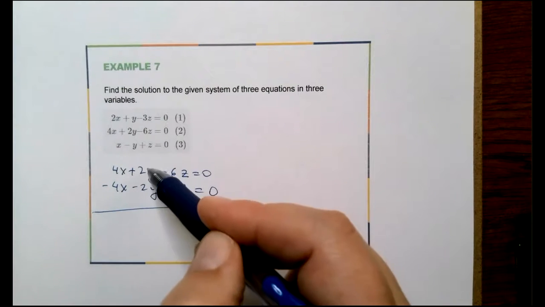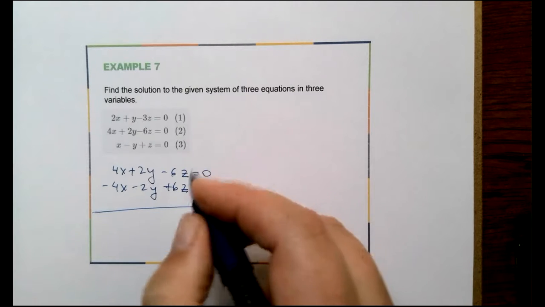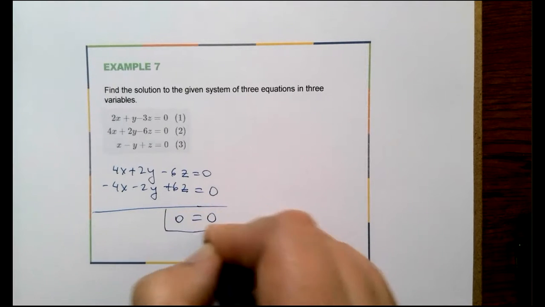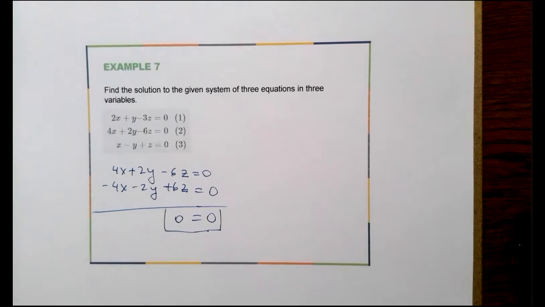All of the variables cancel out, and I have 0 equals 0. So all of the variables dropped out. At this point, I don't have to continue solving this system.